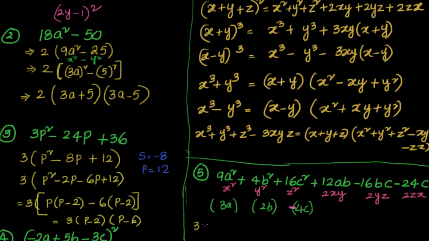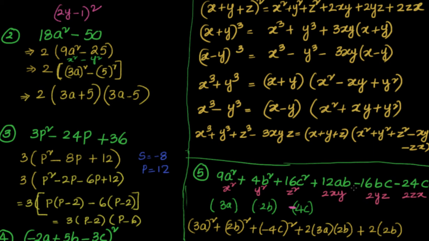This is nothing but (3a) whole square plus (2b) whole square plus (minus 4c) whole square plus 2 into 3a into 2b, plus 2 into 2b into minus 4c, plus 2 into minus 4c into 3a.